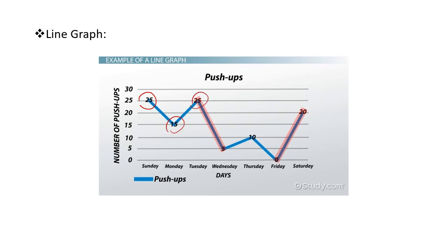Now, in this case, what does this line really represent? Did I do 20 push-ups at midnight between Sunday and Monday? No. Only this point has meaning and this point has meaning. But these lines are here to show movement. They're here to allow us to notice patterns or to do some type of inference that we'll talk about in a moment.